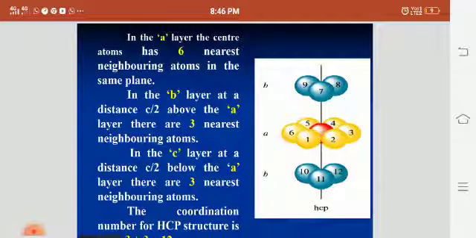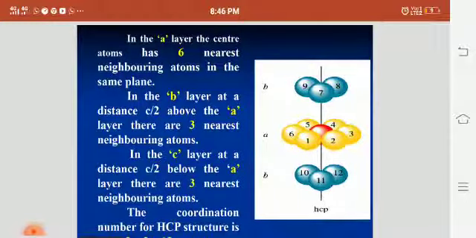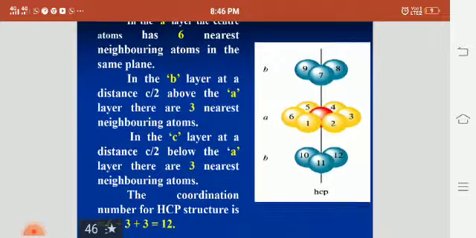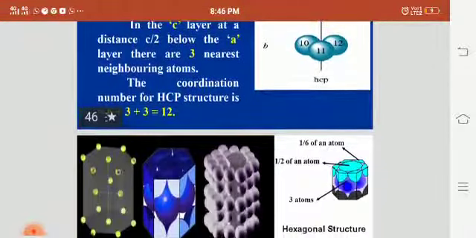In the B layer, that is the lower layer, at a distance c by 2 above the A layer there are 3 nearest neighboring atoms. In the C layer, at a distance c by 2 below the A layer there are 3 nearest neighboring atoms. So totally the coordination number for HCP structure is 12.